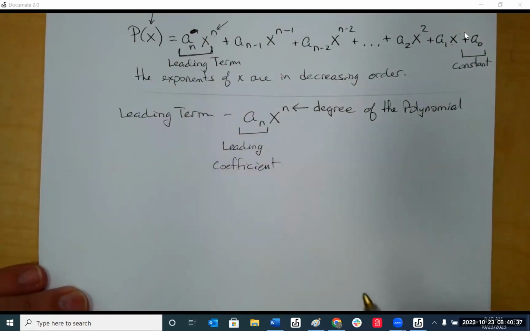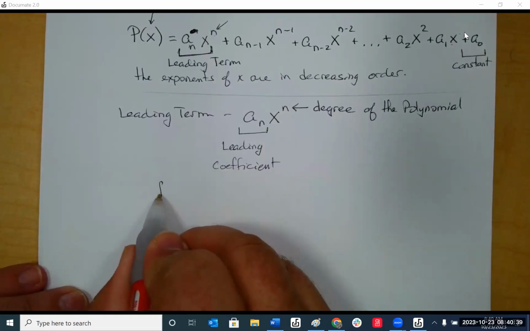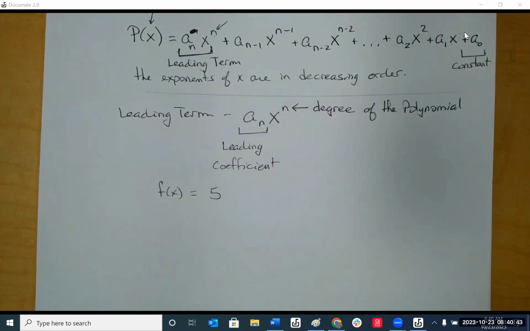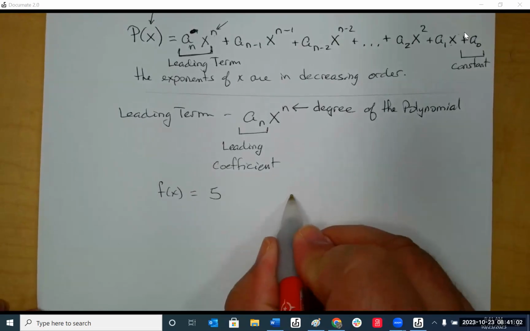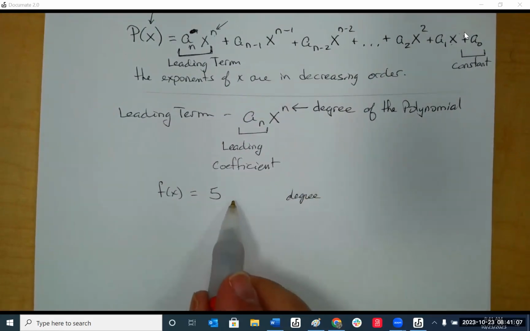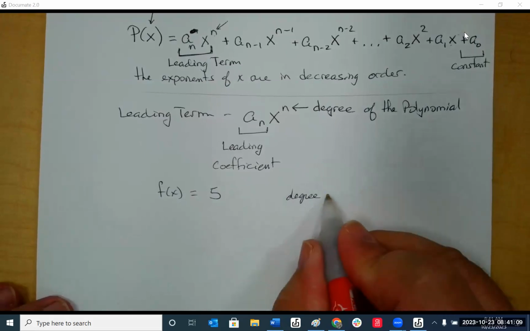Let's see. Okay. What's the leading term there? Five. It's the only term. It's a leading term. It's a monomial. What's the degree? Is there an x? No x. So the degree is 0.